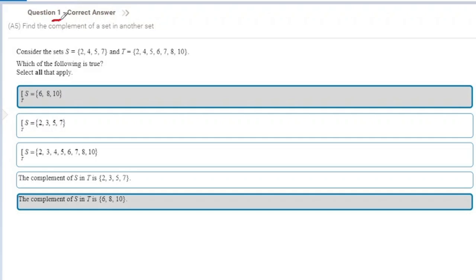Okay, question number 1. Consider the sets S = {2, 4, 5, 7} and T = {2, 4, 5, 6, 7, 8, 10}. Which of the following is true? Select whether to apply.